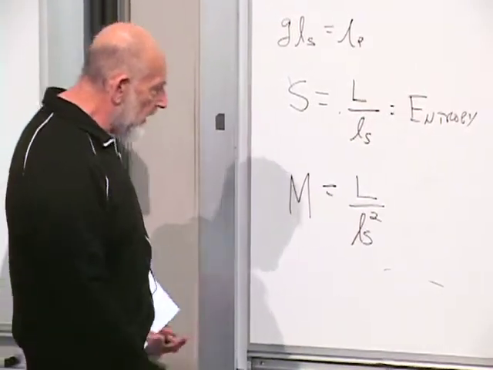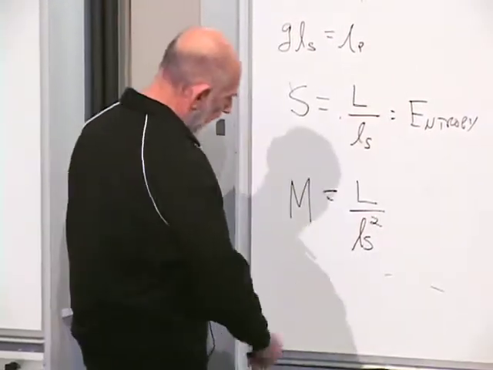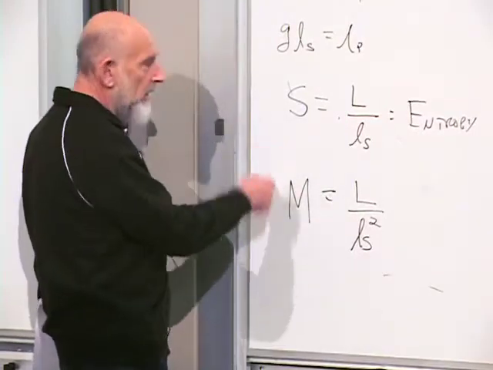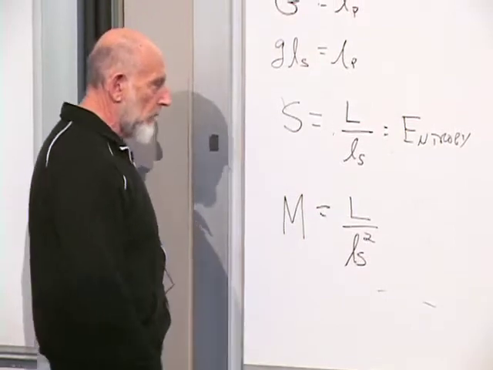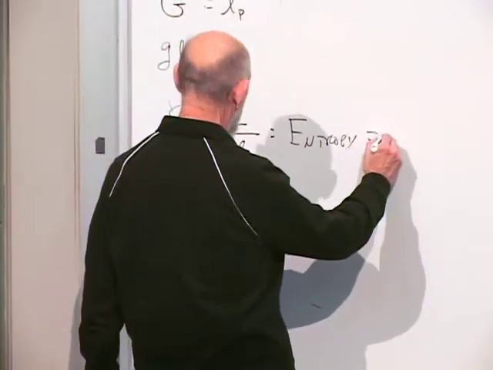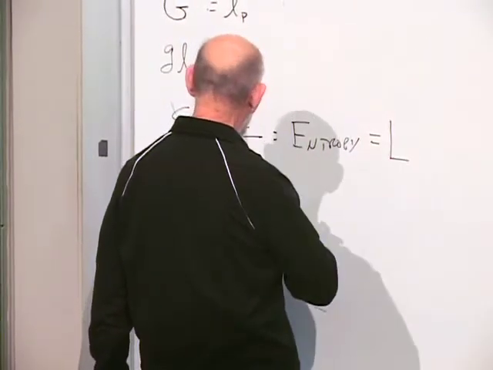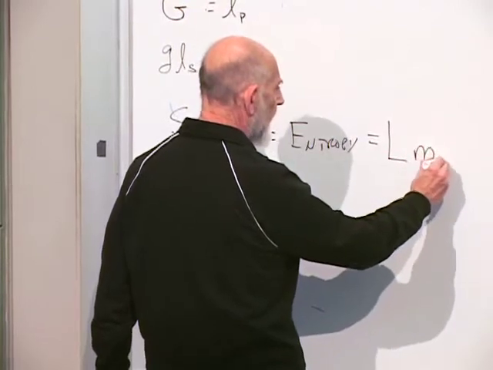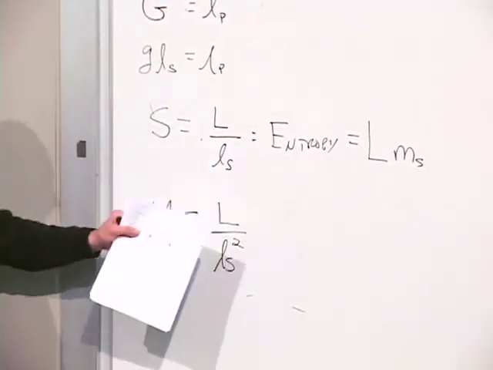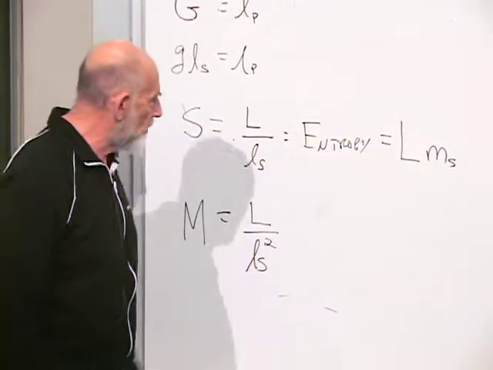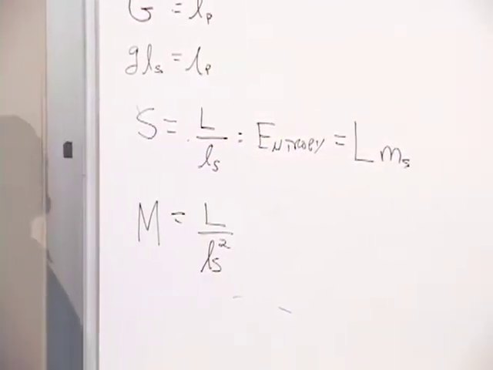This is the mass of the big string. Let's call this capital M, which stands for the whole thing. Now we can manipulate these equations in various ways. We can also write this as the length of the string times little m string, because L string in the denominator is the same as m string in the numerator, and so forth and so on.